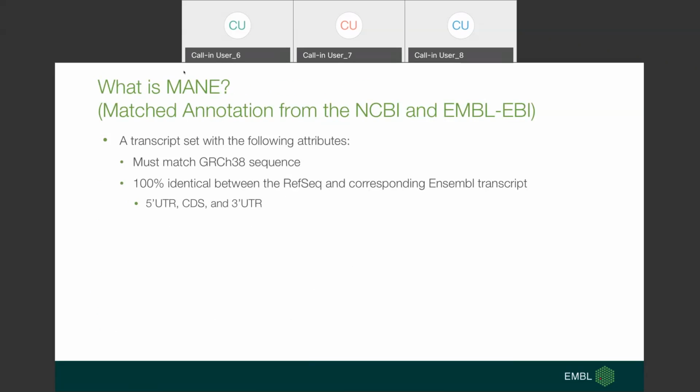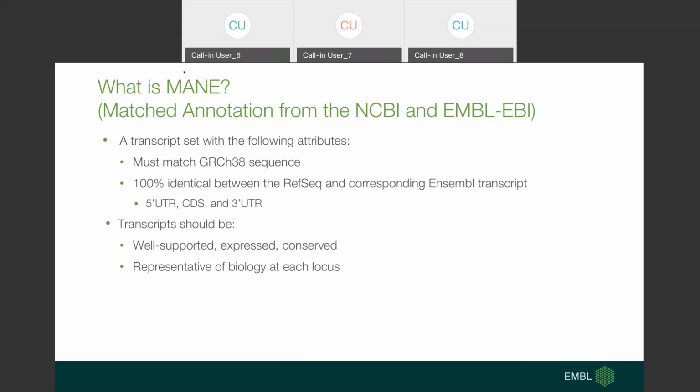And it also must represent a pairing of a RefSeq and an ENST that are perfectly identical at the 5' UTR, at the CDS, and at the 3' UTR level. So these are transcripts that are basically identical and can be used synonymously. Also, these transcripts should be well supported, well expressed, well conserved, and representative of biology at each locus.